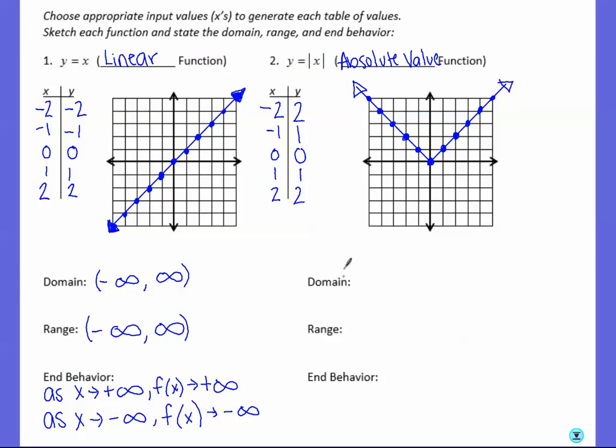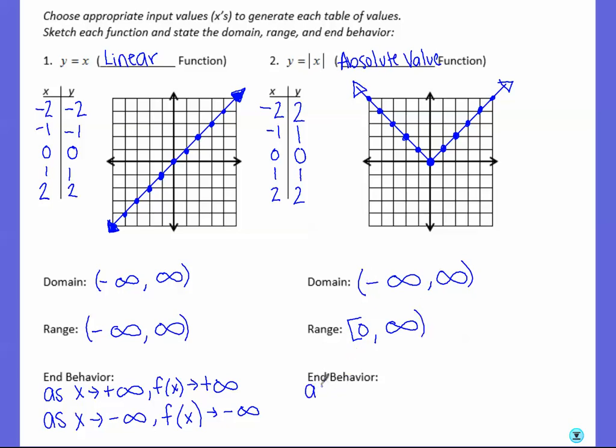So since again we have an arrow on the left and an arrow on the right, we know our domain is negative infinity to infinity. Our range this time, our lowest point is at 0, so our range is going to go from 0 to infinity.